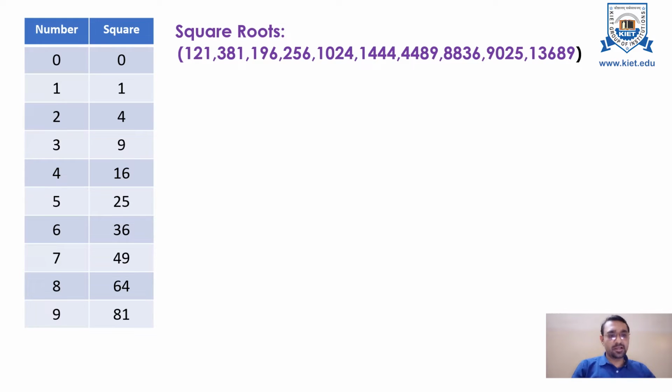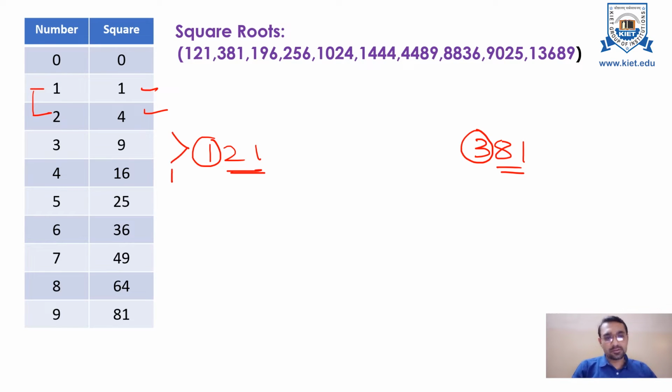Okay, next we will find the square roots of the numbers. So let's say the numbers are 121 and 381. Just leave the last two digits. So now you are left with the 1 and you are left with 3. This one lies between the square of 1 and 2. Similarly this 3 lies between the square of 1 and 2.